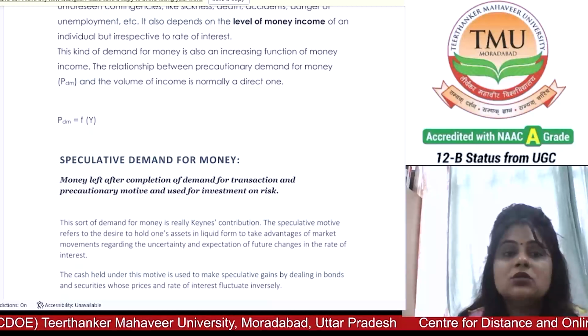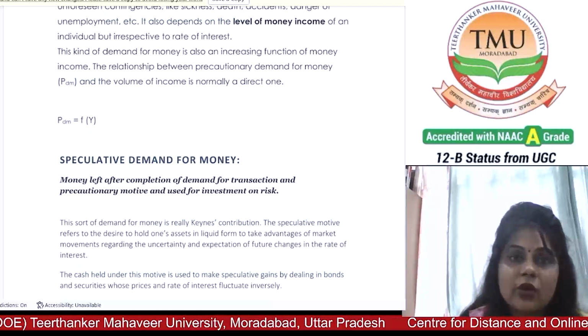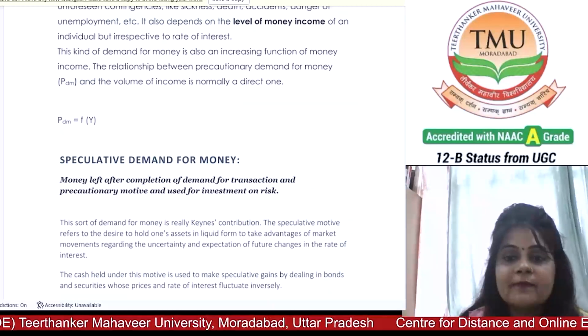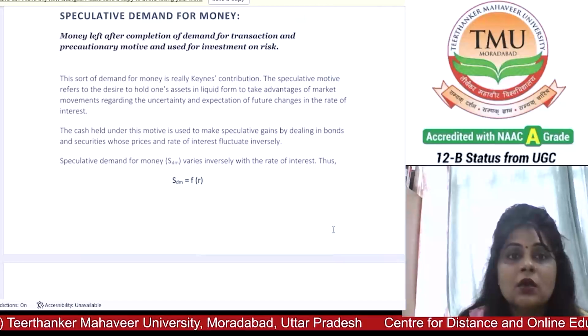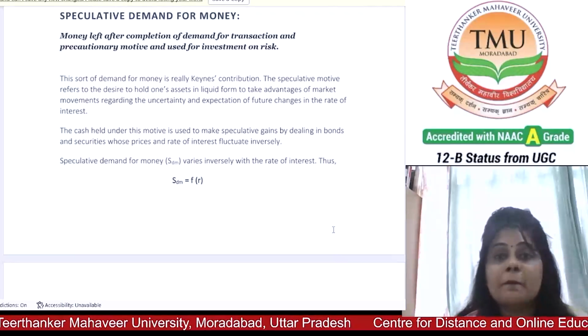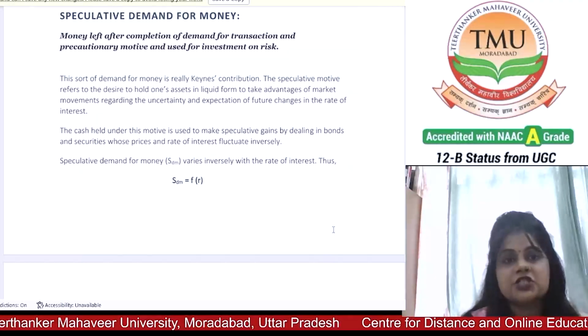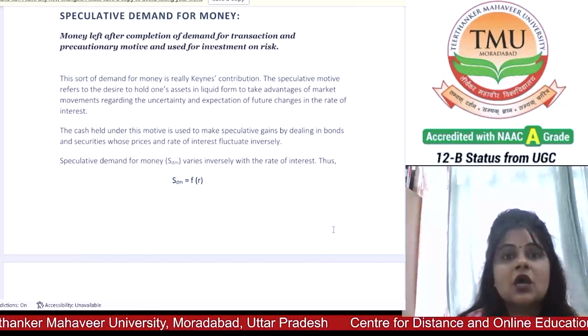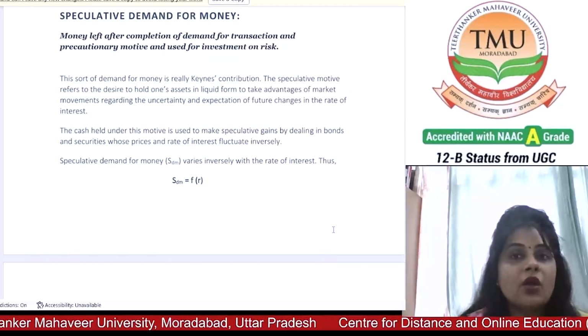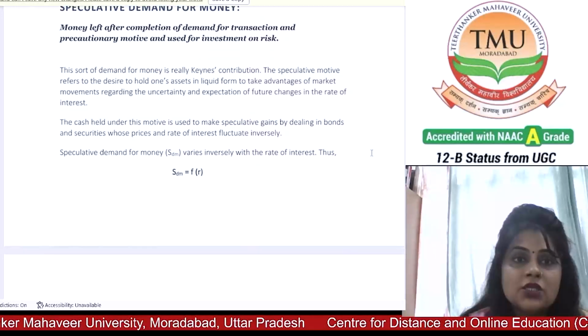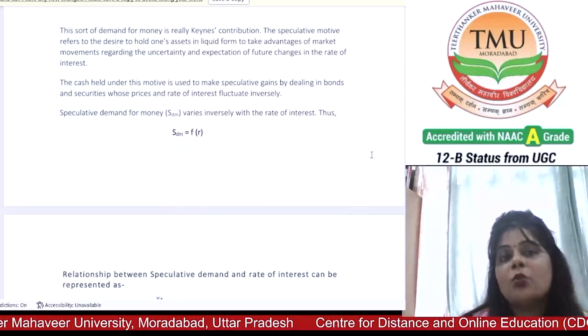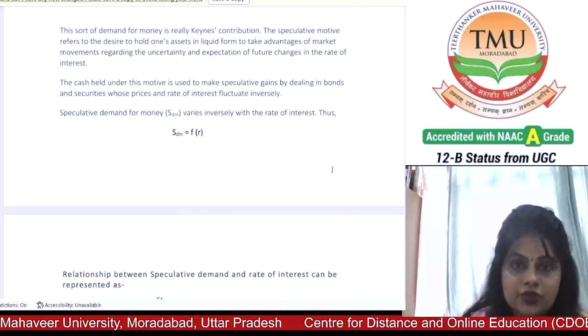Now he also discussed the speculative demand for money. It is money left after completion of demand for transactions and precautionary motives and used for investment or risk. This sort of demand for money is really Keynes' contribution.